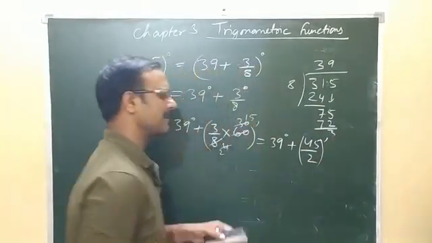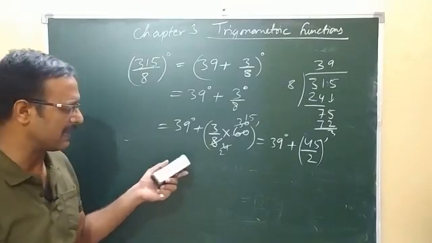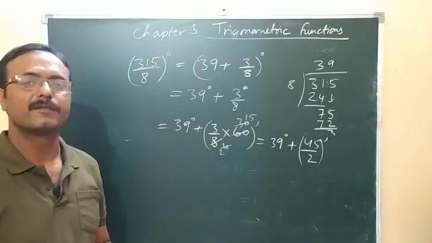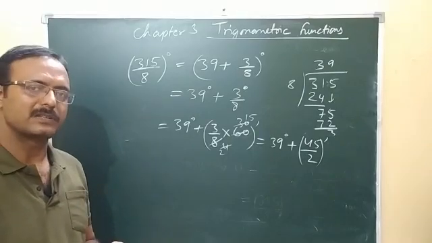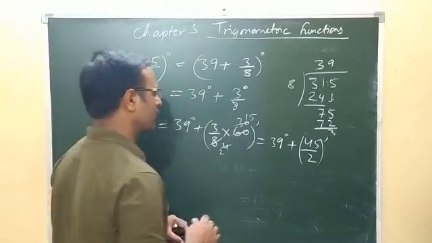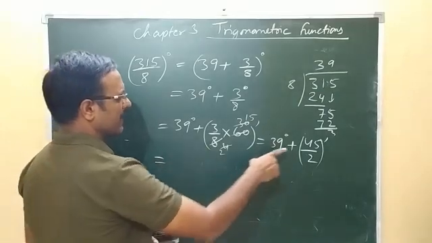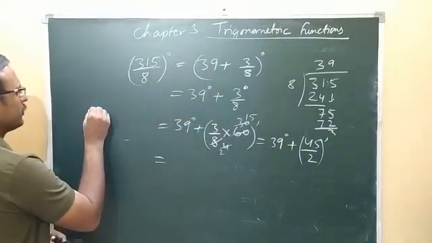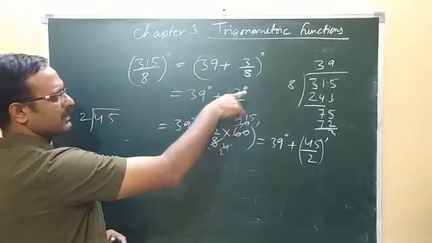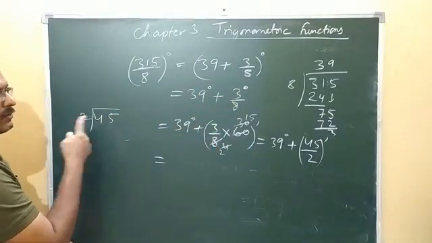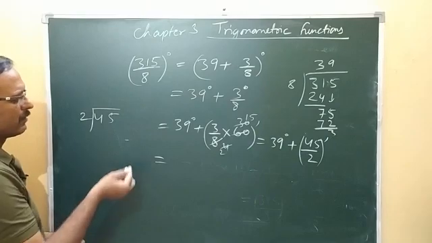So you can see that this is still in fraction. So you are again required to convert into seconds. How are you going to convert into seconds? If you divide this 45 upon 2, it is the same as when degree is converted into minutes. You have to divide and you will get the value again.